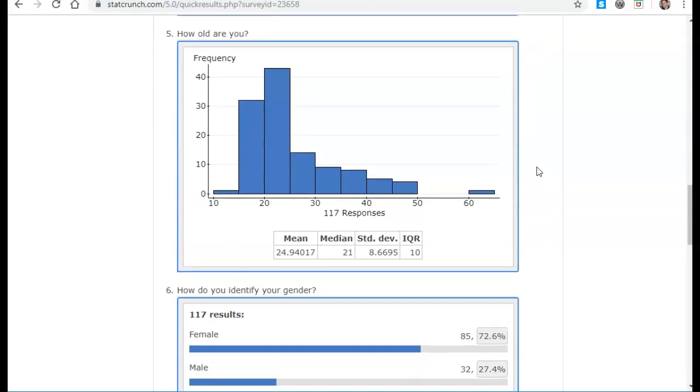Age is a very nice example of a right-skewed distribution. It looks like this individual with an age between 60 and 65 is an outlier. Let's check with a modified box plot.